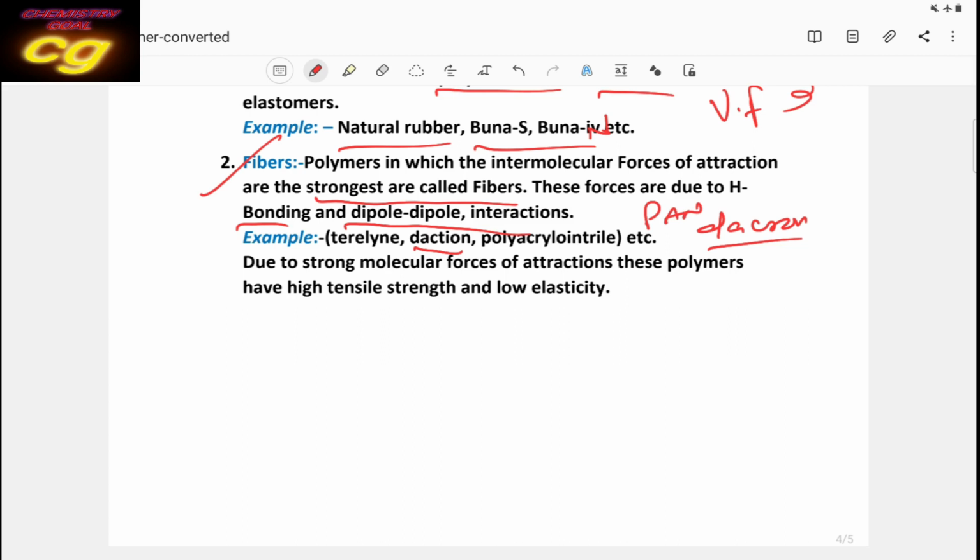Different types of polymers are produced, but the nature of force is hydrogen bonding or dipole-dipole force. The force between the polymer chains is stronger, and due to this strong intermolecular force, fibers have high tensile strength and low elasticity. This is very important.